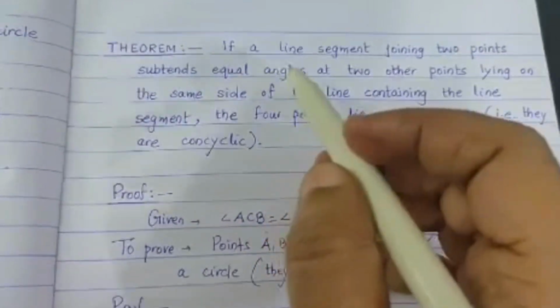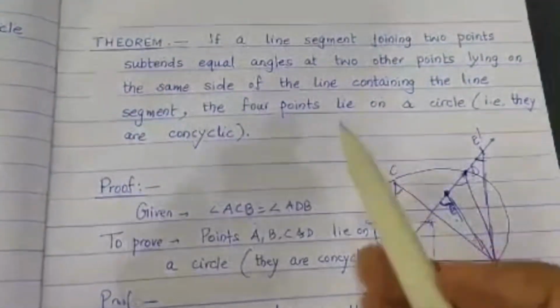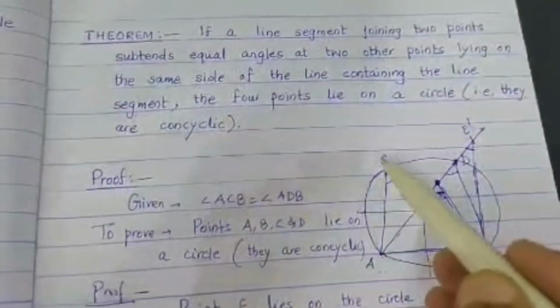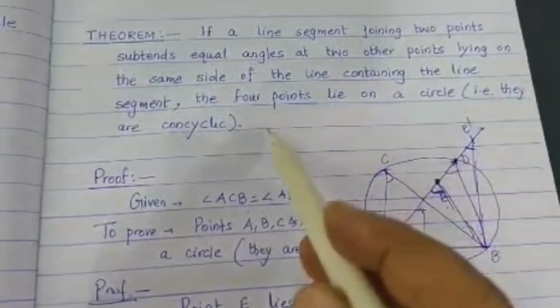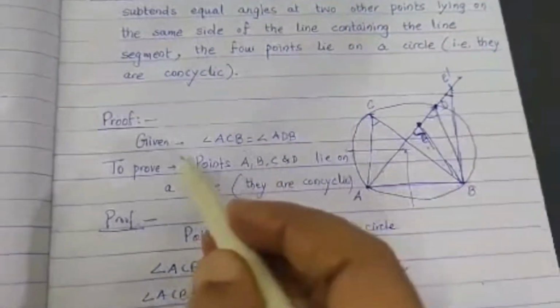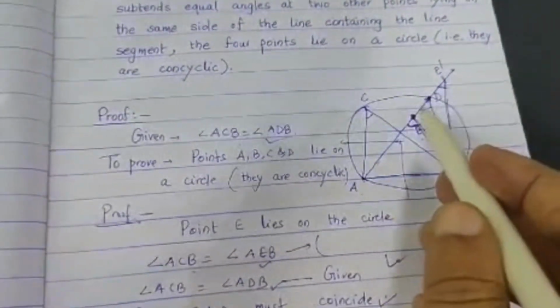The theorem goes like this: if a line segment joining 2 points subtends equal angles at 2 other points lying on the same side of the line containing the line segment, means this point C and D, the 4 points lie on a circle, that is they are concyclic. Okay, so given is angle ACB equal to angle ADB.